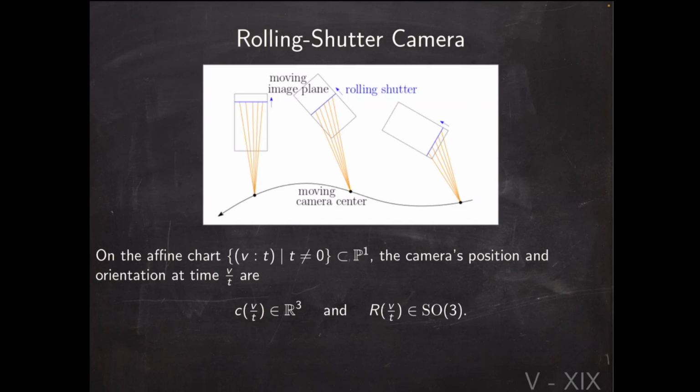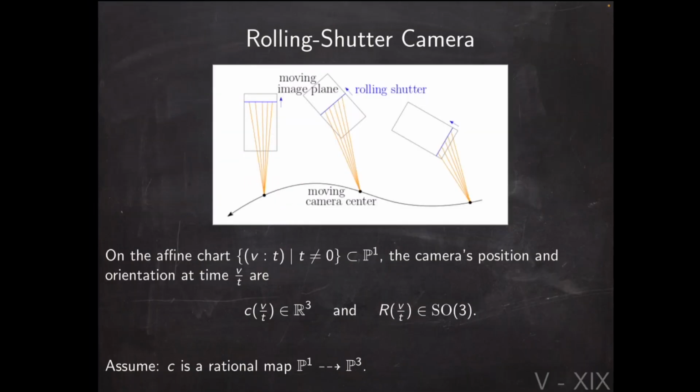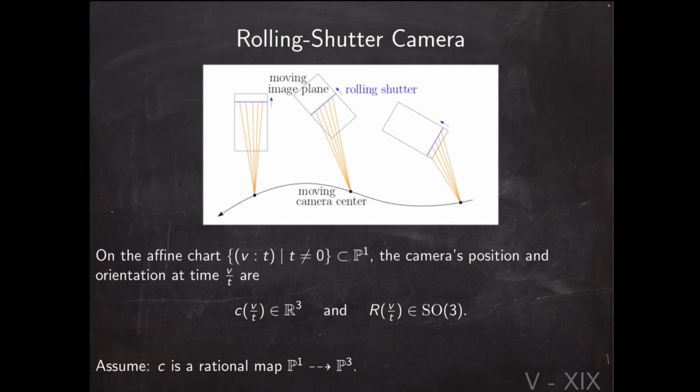So that when we're not at infinity, I have some sort of affine map from A1 into the camera position called C. That's the camera center and the rotation at a given time. Now, another common engineering assumption is that this map C that gives us the camera center position is a rational map.